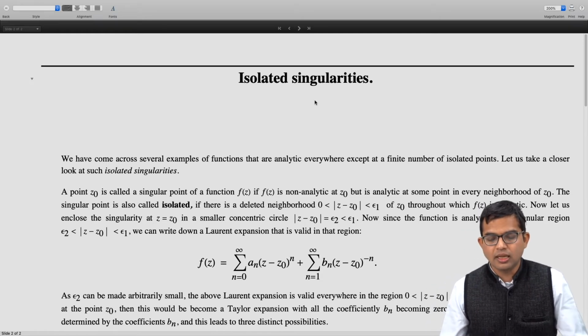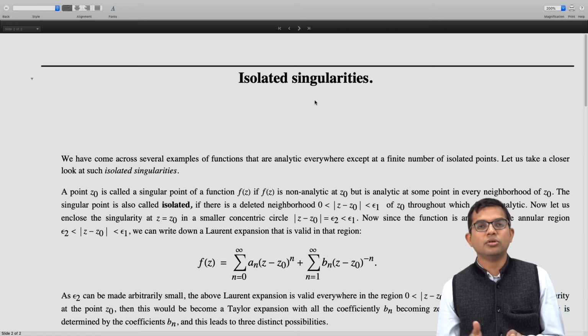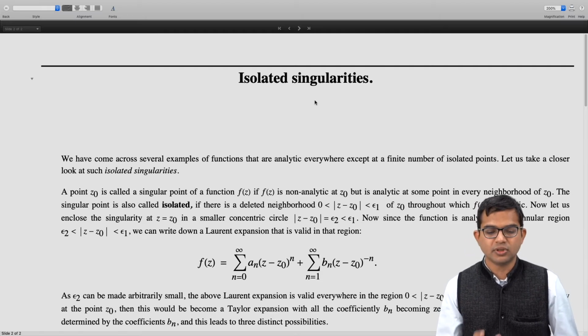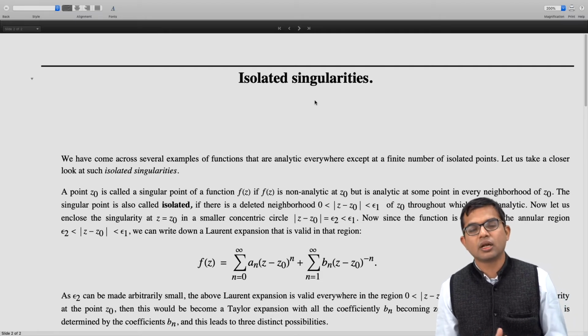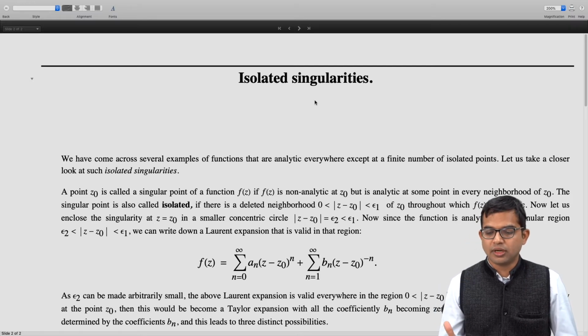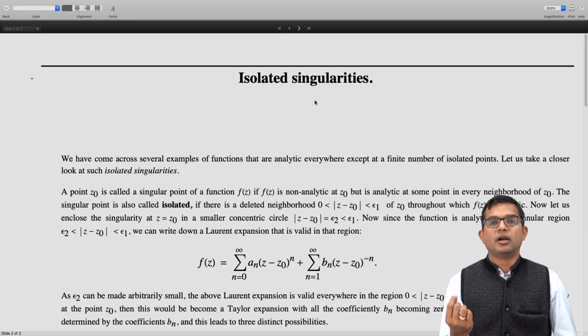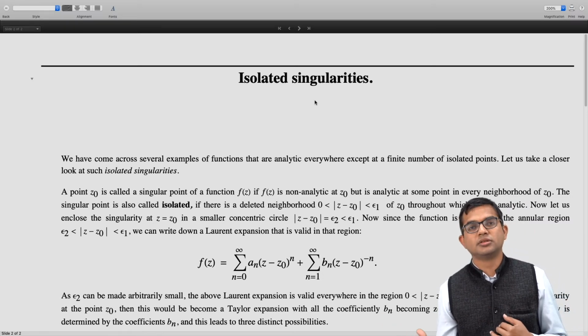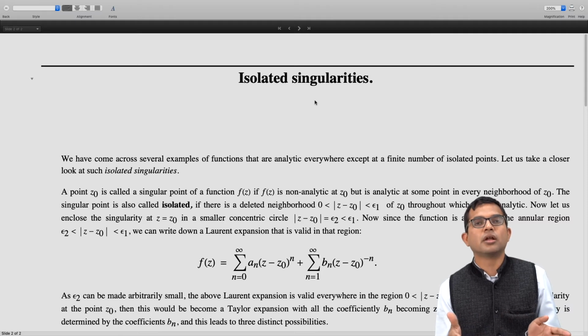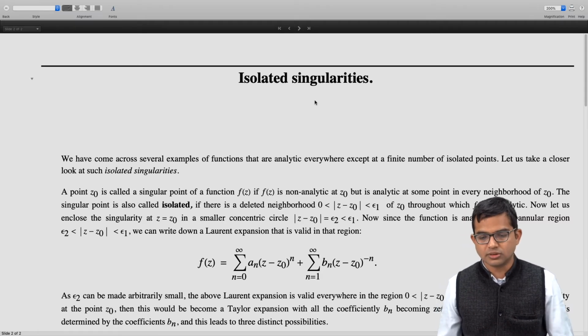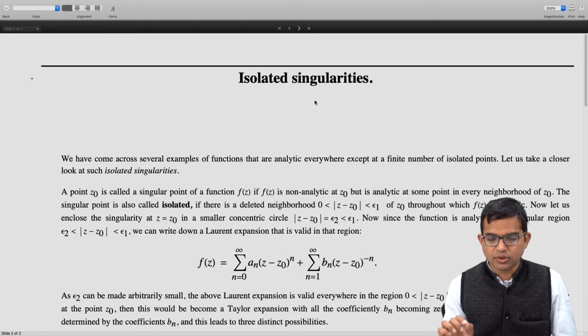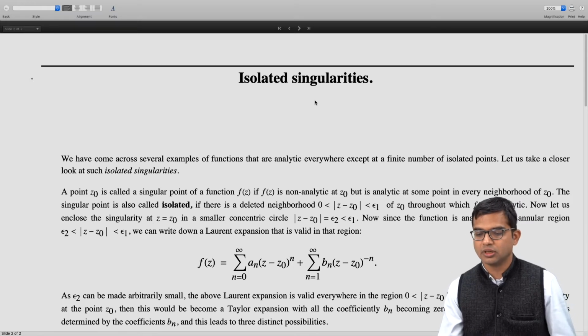But in any neighborhood, you will find other singularities as well. In general, you can have singularities which are not isolated, but it would be isolated if that's the only singularity. You may have another singularity sitting at a finite distance away, but all points in between these two singularities have to be analytic. So if this whole region around this point is analytic except that point, then it's called an isolated singularity.